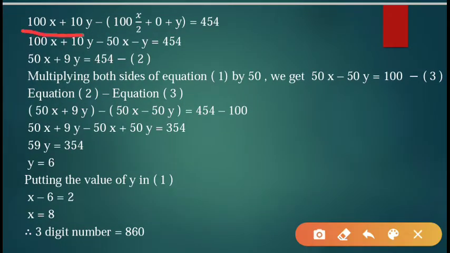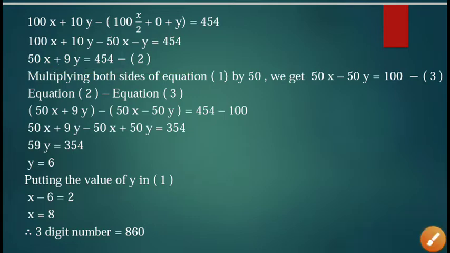Now this is the original number, they are diminished, that's why subtraction. The hundreds place is halved, half means x by 2, and the tens and unit digits are interchanged. So in the place of tens digit you write 0 and in the unit digit you write y, is equal to 454. Now when you solve this you will get equation 2.